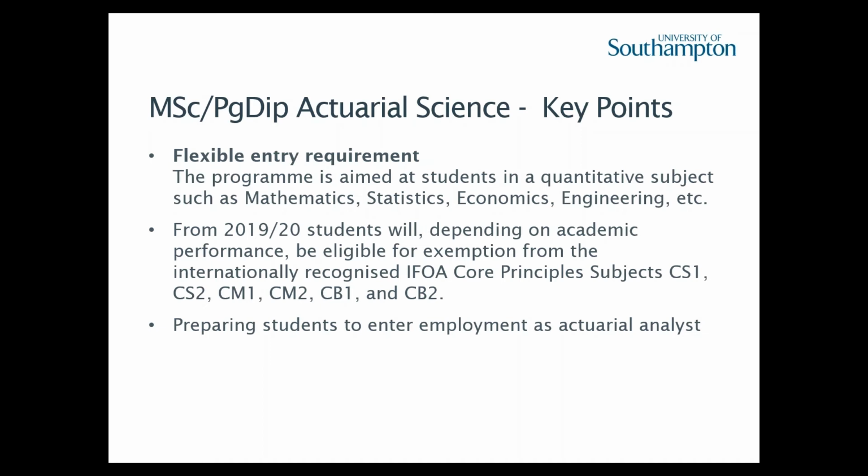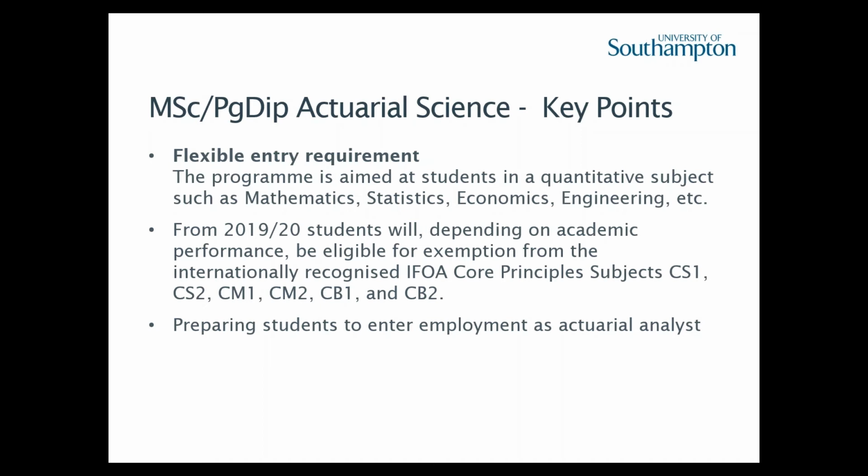Therefore, this program aims to provide you with the technical skills in mathematics and a professional level education in actuarial science, I'd say. So this will prepare you to start on a professional career as an actuary.